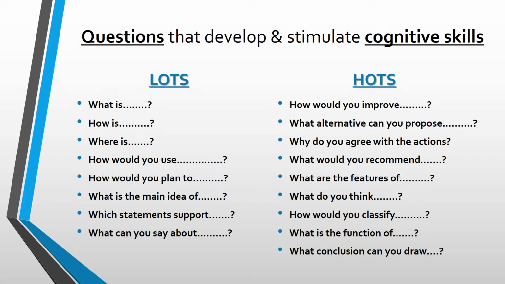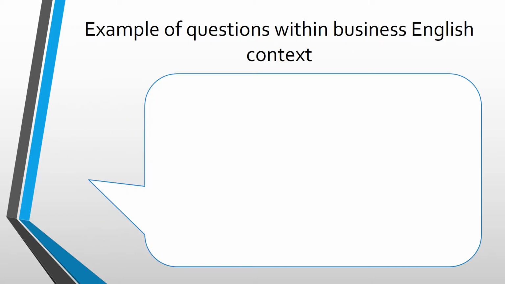Now let's take a look at some specific examples within a business context. When I'm thinking about thinking skills, and that's what we're really focusing on here, cognitive skills, to me, when I think about great thinkers, there's one past principal business leader who was a tremendous thinker, who had a great impact on our society and the way that we live.